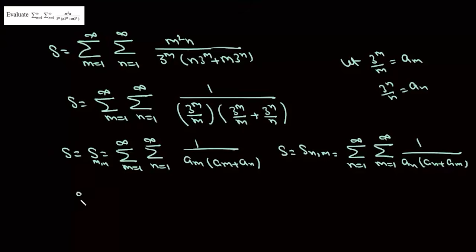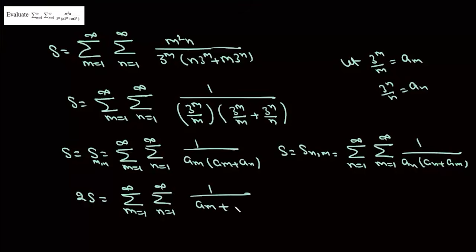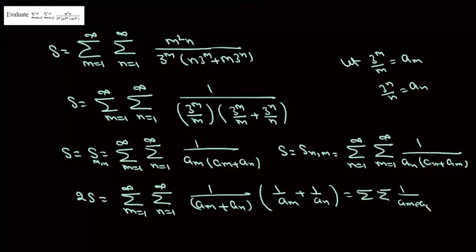So if we add them, we can write 2s will be equal to this summation m varies from 1 to infinite, summation n varies from 1 to infinite. Now we'll take 1 upon am plus an common, and we'll get this as 1 upon am plus 1 upon an. Now this is this summation 1 upon (am plus an), and this will be (am plus an) upon am an.